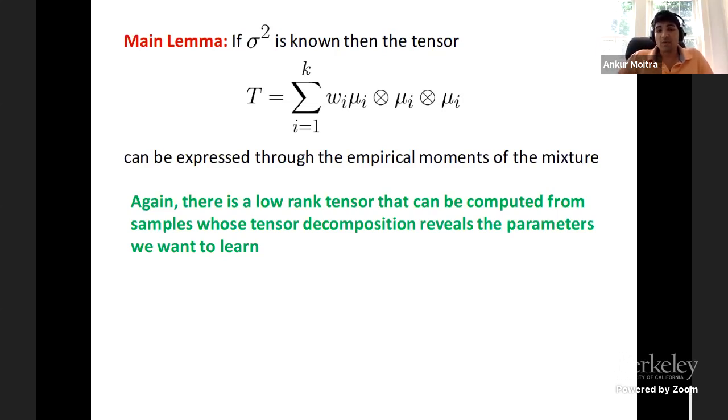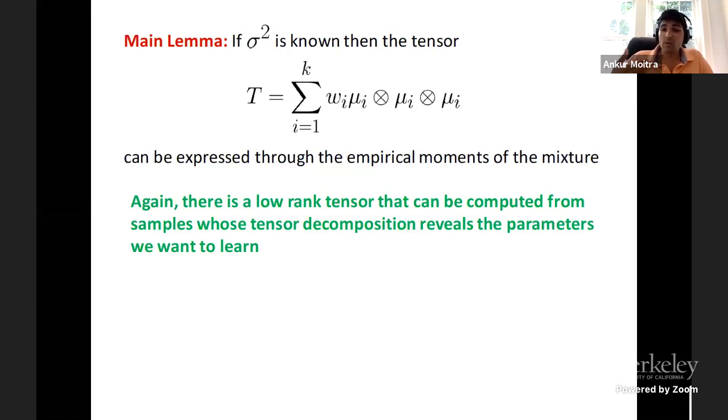So the main abstraction is actually literally the same thing. The way that we're using tensor methods is we're showing that there is a low-rank tensor that we can compute based on samples from our model, whose tensor decomposition reveals the parameters we want to learn. And just to emphasize, what's really important in this is, again, the uniqueness result behind Jennrich's algorithm.